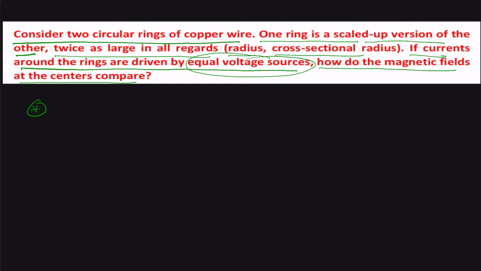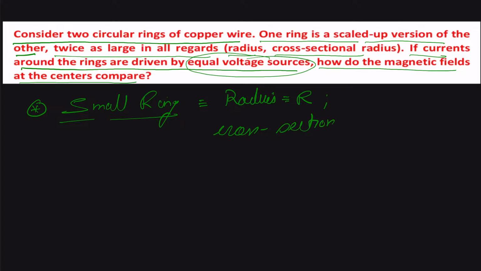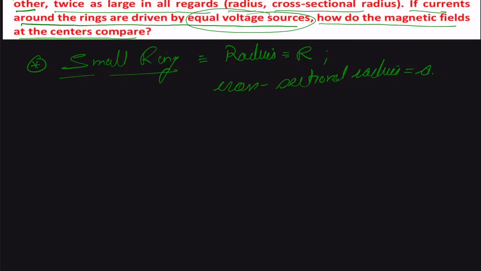For our small ring, let us consider that we have a radius which is a capital R, and the cross-sectional radius is supposed as our small a, and the resistivity is supposed as our rho.